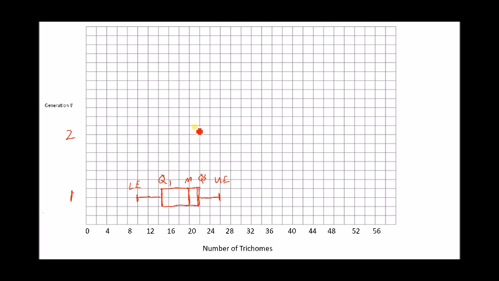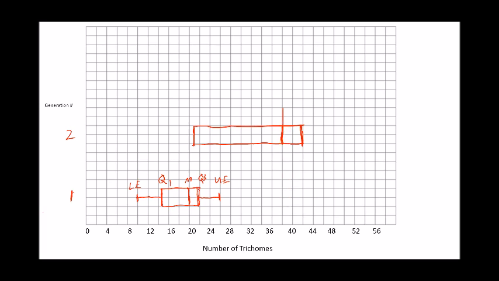somewhere right in here. My third quartile was 42. So that's way over here, 42. I want to connect those and make a box. So connect those with horizontal lines. There's my box. I'm going to draw in my median at 38.